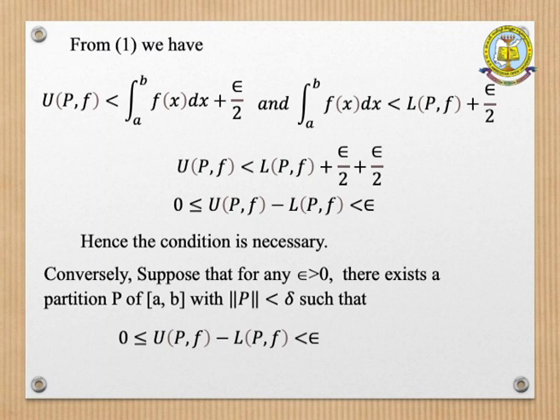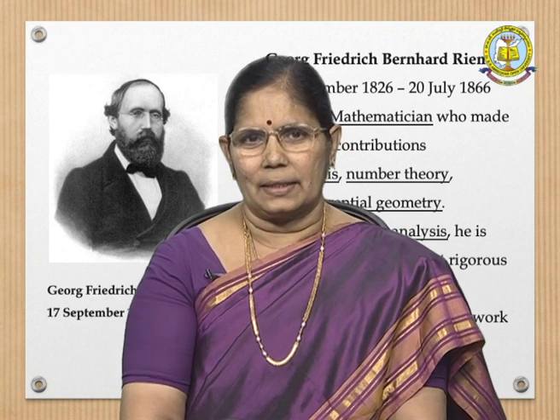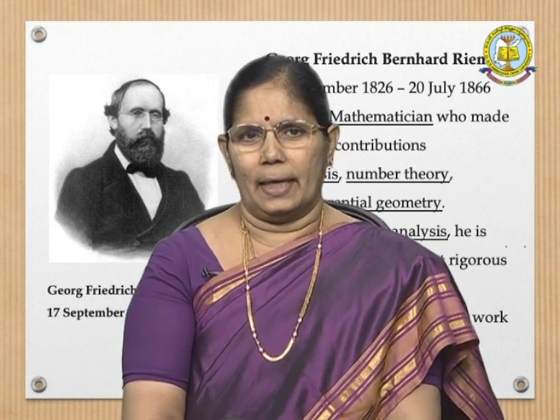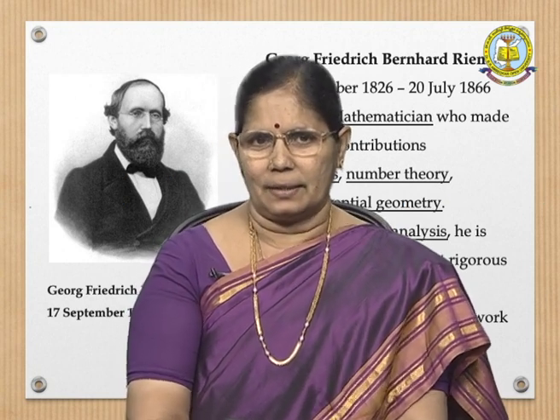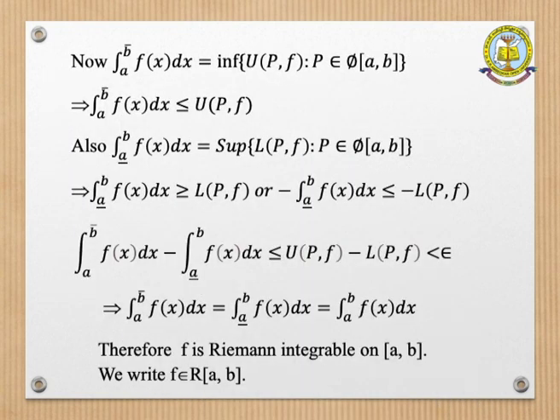Conversely, whenever UPF minus LPF is less than epsilon, we can prove that the upper integral a to b f of x dx is equal to the lower integral a to b f of x dx. How do you prove it? You have the upper integral a to b f of x dx is the infimum of UPF. Infimum is less than or equal to an element. So, the upper integral is less than or equal to UPF.